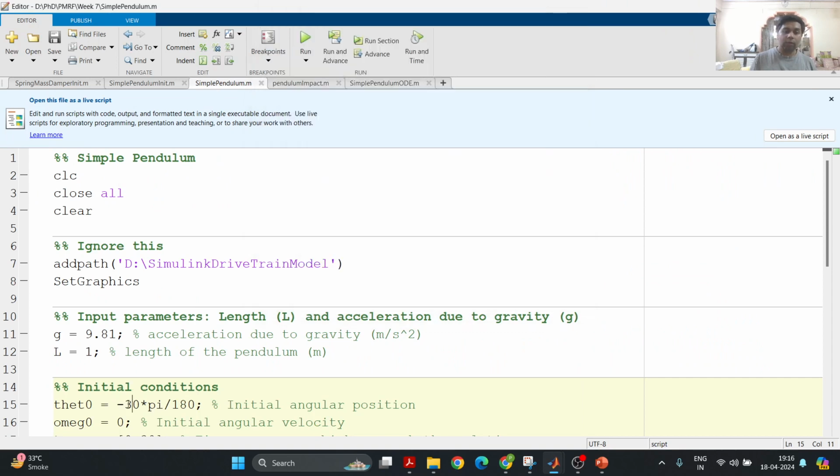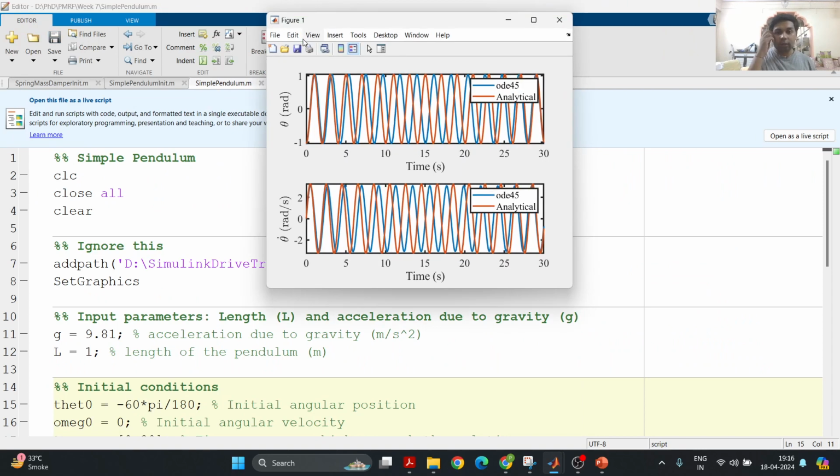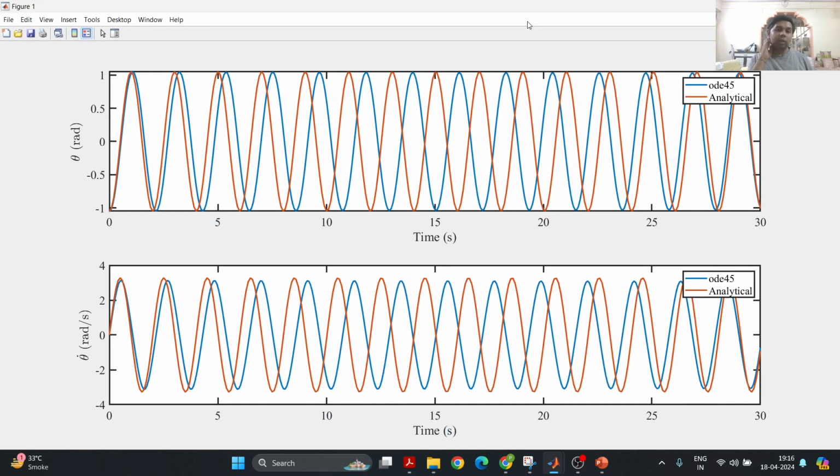If we put minus 60 degrees, then we see that for, let us say, the initial 2-3 seconds the analytical solution and ODE45 are close, but then they start deviating.